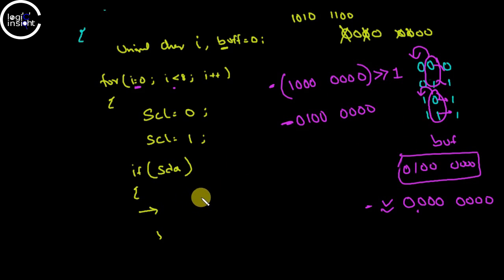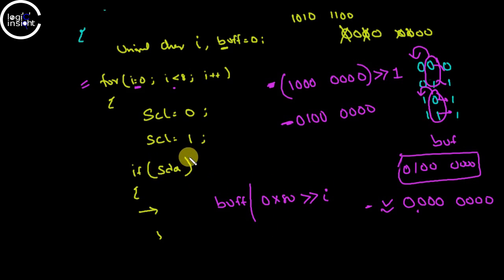So how can I write that? Initially we have taken the buffer, and we have to OR it with the hexadecimal number 0x80, which represents this number. I have to shift it depending on this loop, depending on this i value. i runs from 0 to 7, which is satisfied by this loop. If it is 1, which means we want to put the data 1, then this operation will be done.